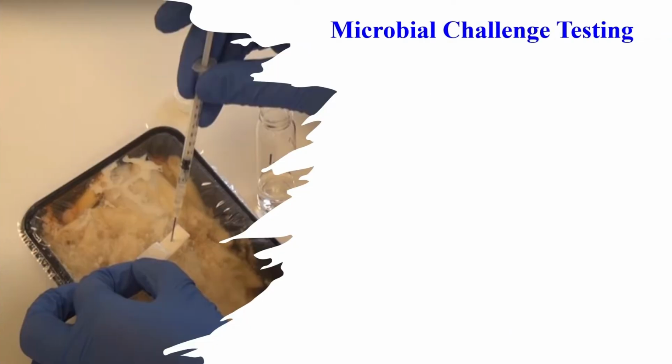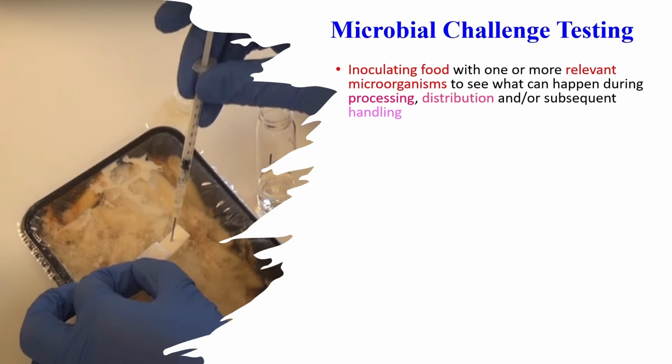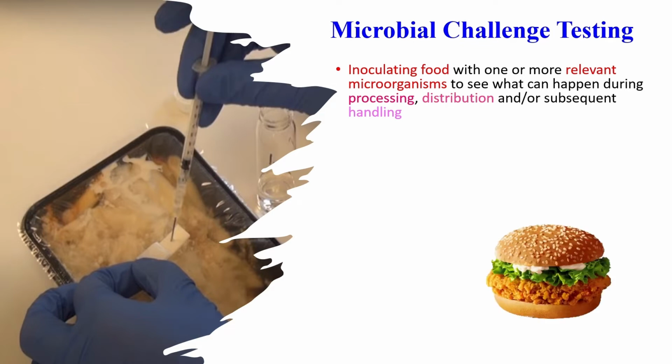One of the very famous shelf life determination tests is the microbial challenge testing. So what is that? Actually, we are inoculating food with one or more relevant microorganisms to see what can happen during the processing, distribution, and or subsequent handling.